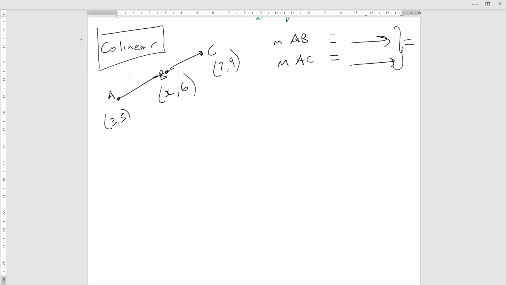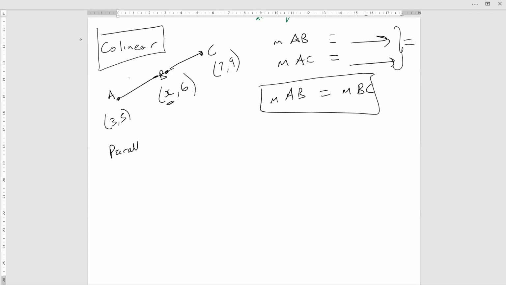So if they tell us that these 3 points are collinear, now we're not proving, and they say go find X. So you'll find the gradient of AB and equate it to the gradient of BC. And that's how you would find X. So we can form an equation when they tell us it is collinear.